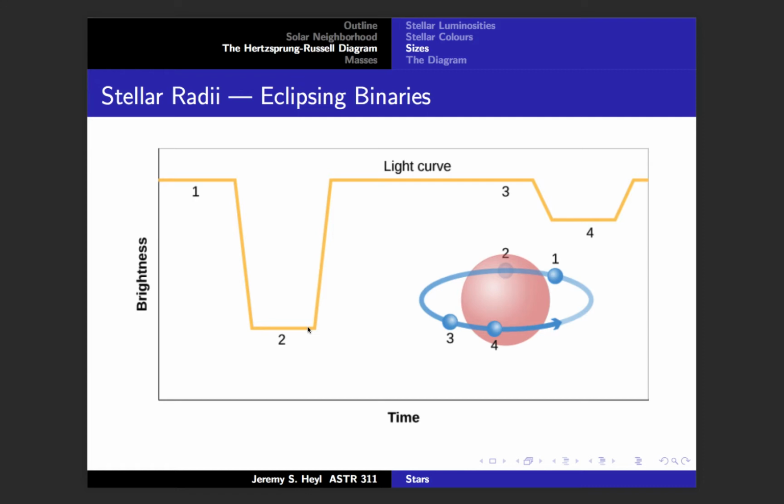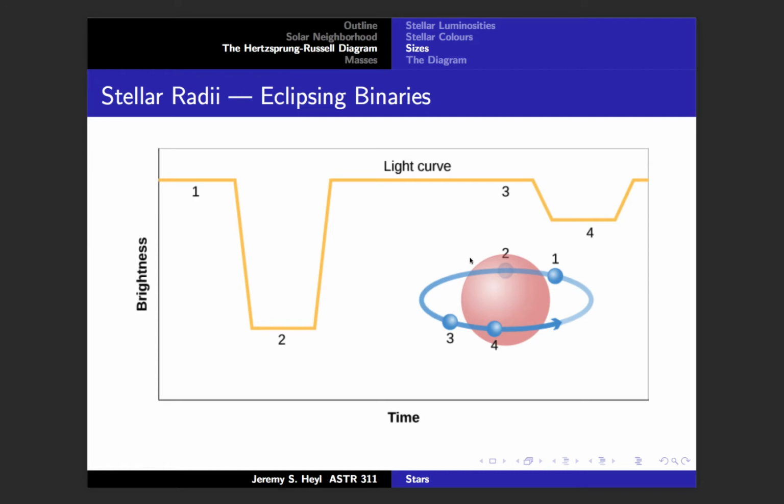So when the blue star is hidden behind the red star, we're missing its light, so it drops down. How long this takes is related to how big the red star is, because that's how long it goes from here to here to here.